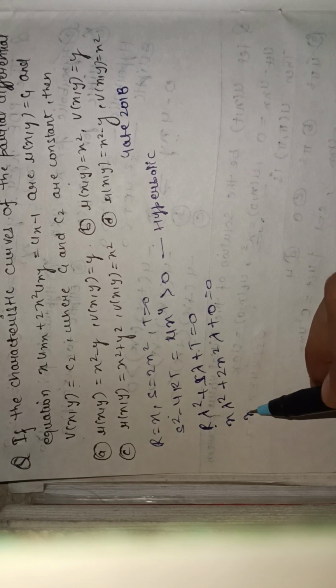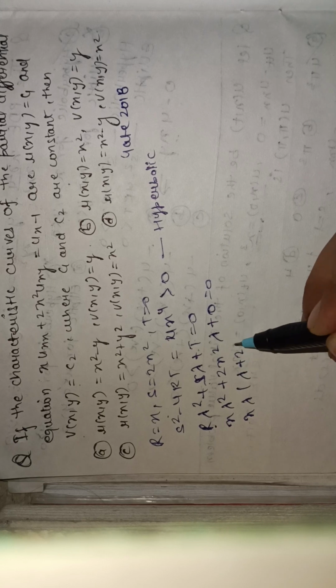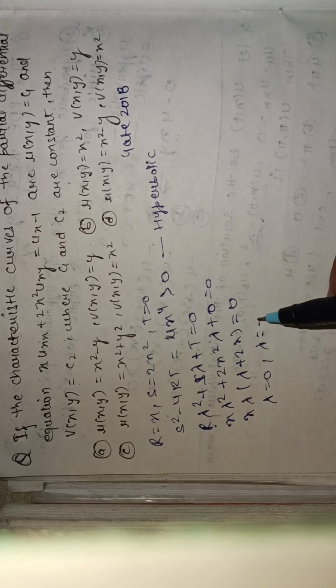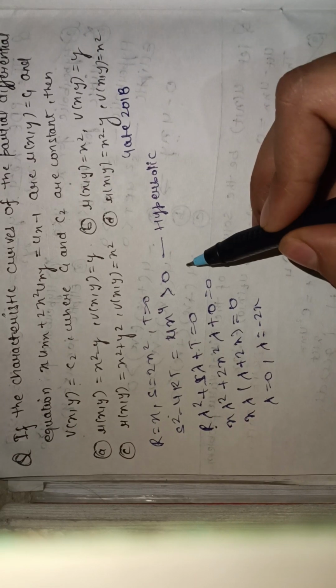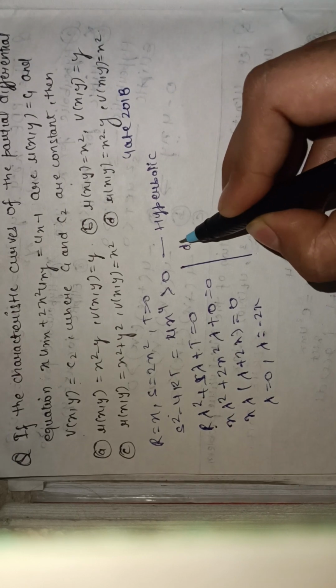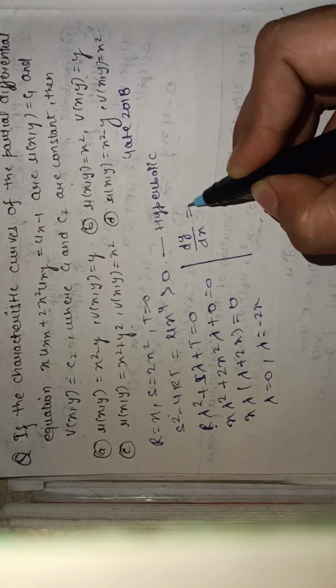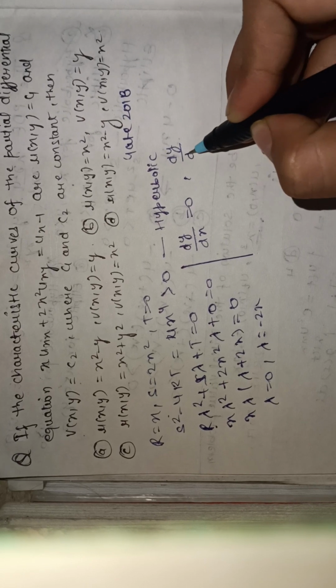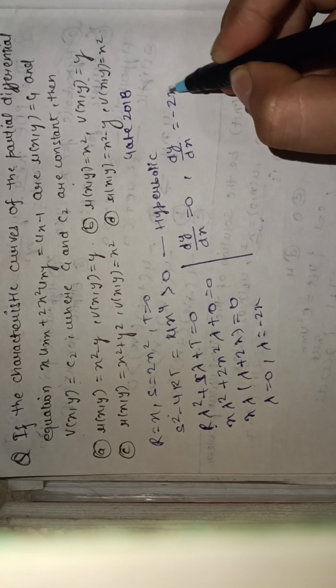Taking x and lambda common, lambda plus 2x is equal to 0. So here we see lambda is equal to 0 and lambda is equal to minus 2x. We get two distinct values of lambda. So the first characteristic equation is dy by dx is equal to 0, and the second characteristic equation is dy by dx is equal to minus 2x.